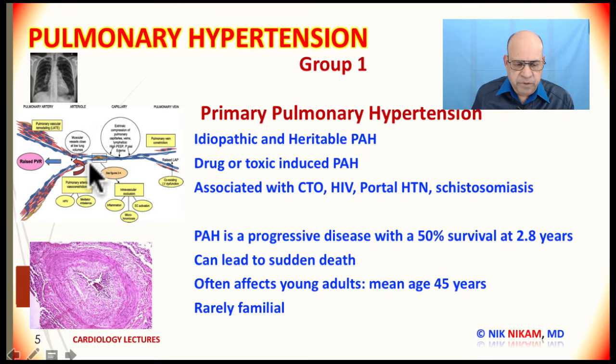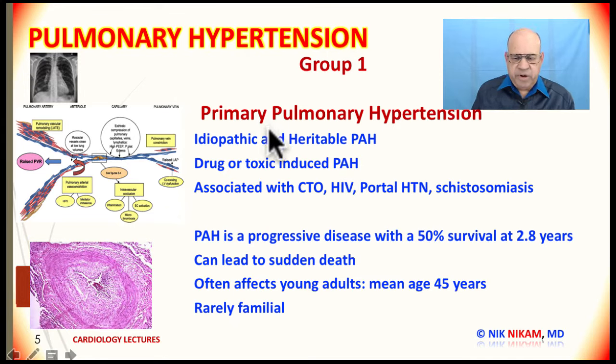The second group involves the diseases related to pulmonary venous congestion, increase in pulmonary venous pressure related to left heart failure and its associated symptoms. The third group involves the pulmonary lung bed itself, which involves the arterioles and capillaries, along with the alveoli, where there is involvement of the lung tissue secondary to COPD, interstitial lung disease, etc.